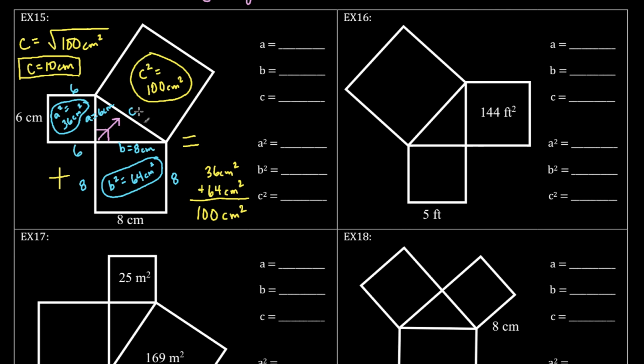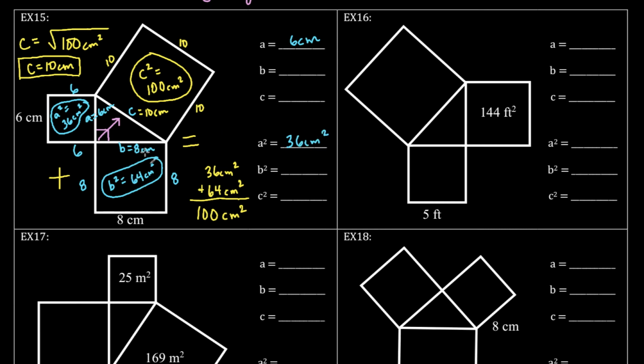And so that means that C is 10 centimeters. This is 10 centimeters. This is 10 centimeters. This is 10 centimeters. So I should go ahead and label these. A was 6 centimeters, so A squared was 36 centimeters squared.